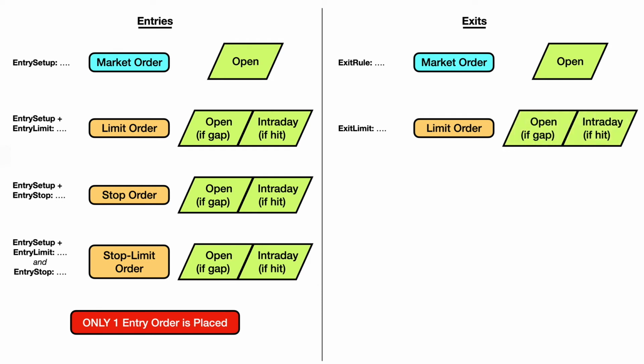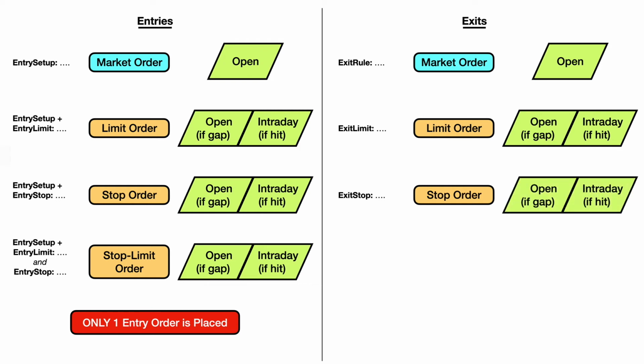So that could either be when it opens, it could gap up, or intraday if the high is above that limit price for a long position. And we can also specify an exit stop, which places, no surprises there, a stop order, and again that will execute either at the open if the stock gaps down, or intraday if the low is below the stop price.